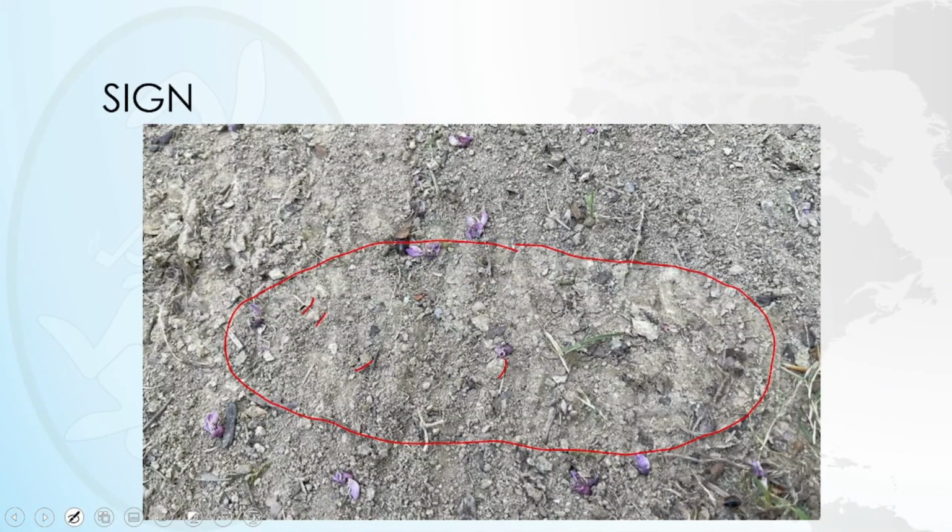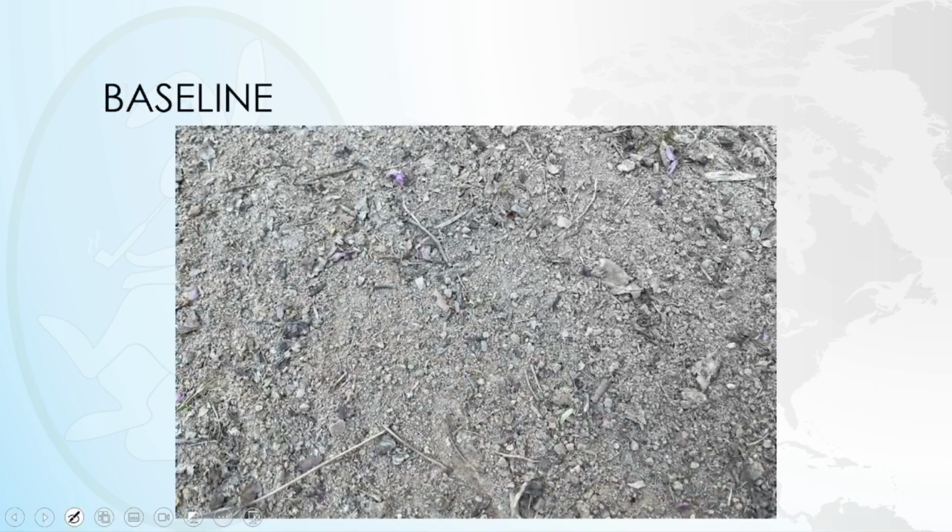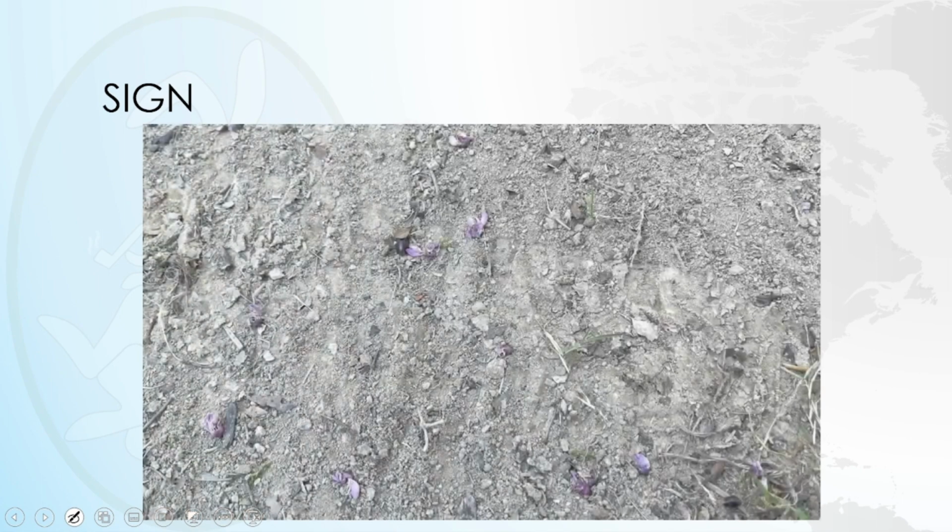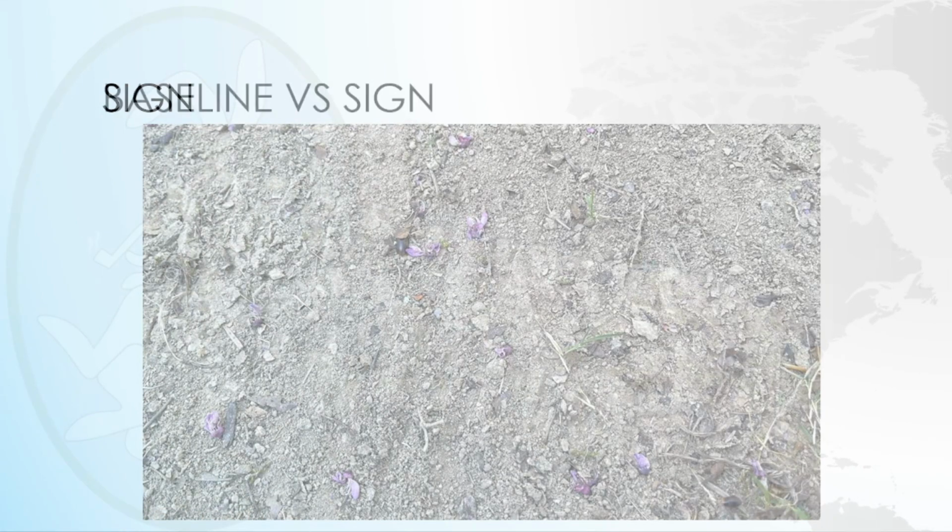We can see some gaps laying behind it, indicating that something has pushed that forward. So this is understanding, again, the relationship between sign and the baseline. We'll run through it again. Baseline here, sign here.